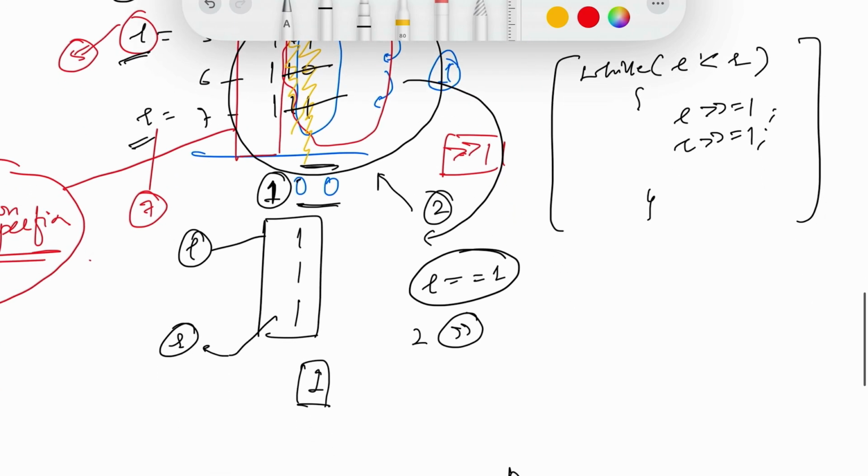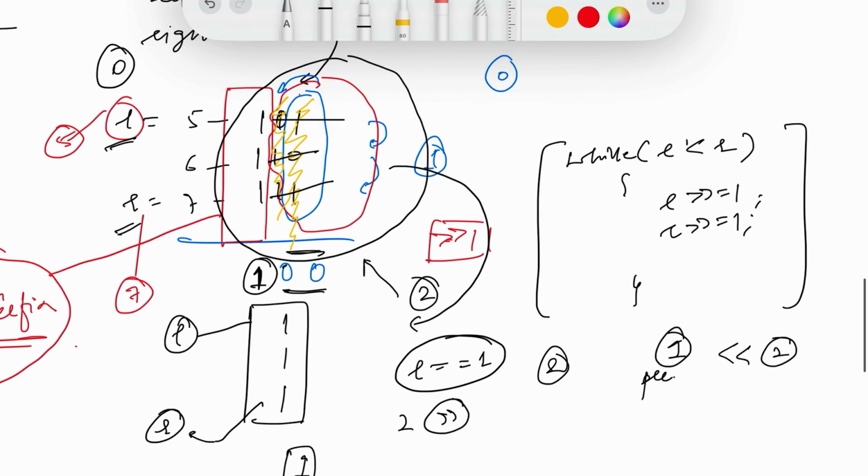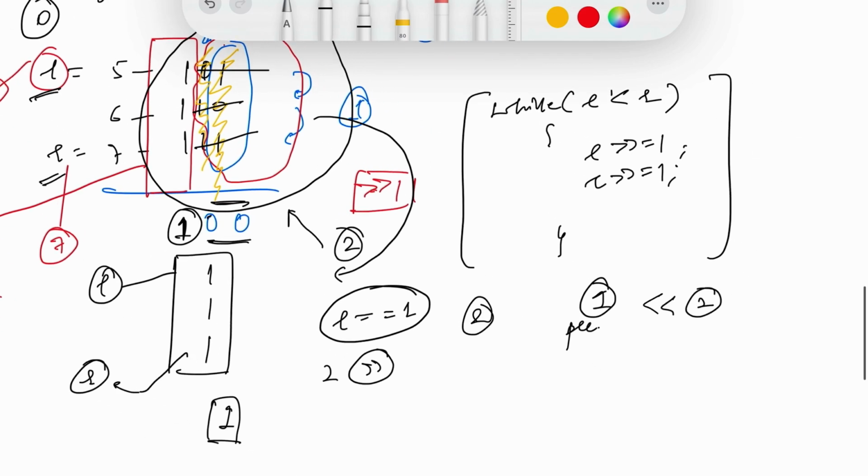So to get our answer, our AND value, we will make the left shift again. Over the 1, which is our prefix, I will make a left shift 2 times, because 2 times we were making the right shift to get the prefix. So we will keep track of the shifts, shift plus plus.